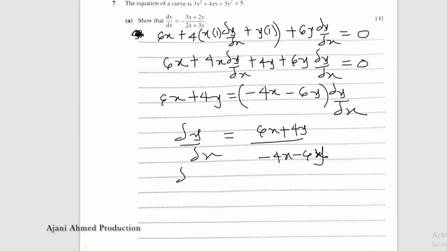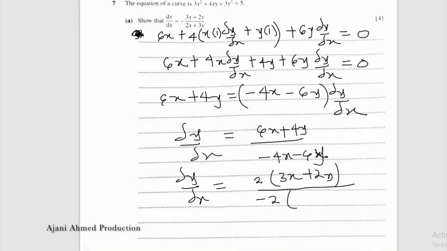So we can still simplify. What do you have? 2 is common, so we have 3x plus 2y. The down part, minus 2 is common.